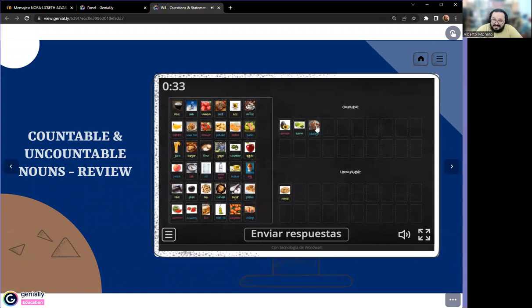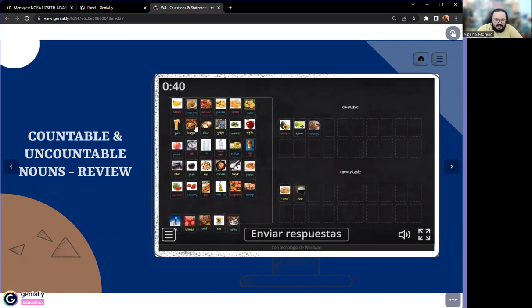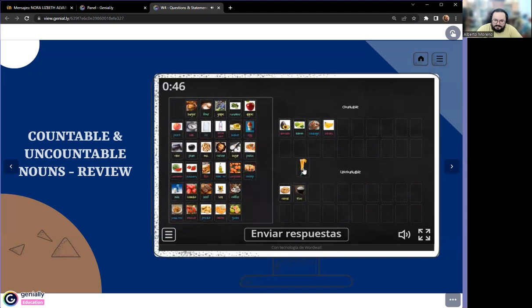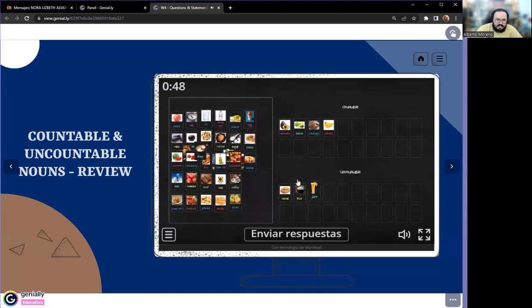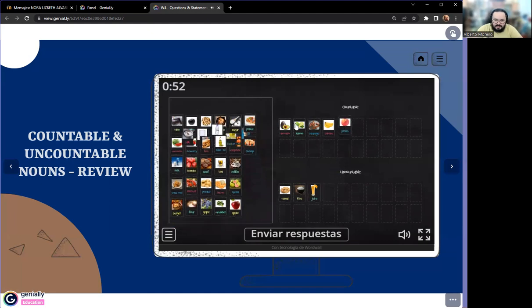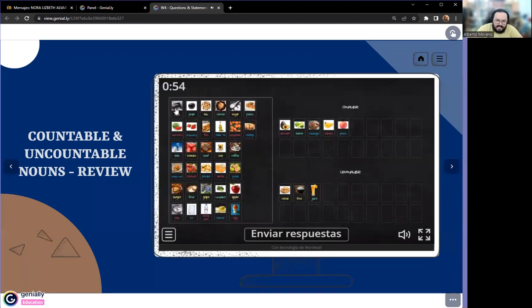Countable or uncountable? Countable. Okay, rice. Uncountable. Bananas. Countable. Juice. Uncountable. Peach. Countable. Cake.